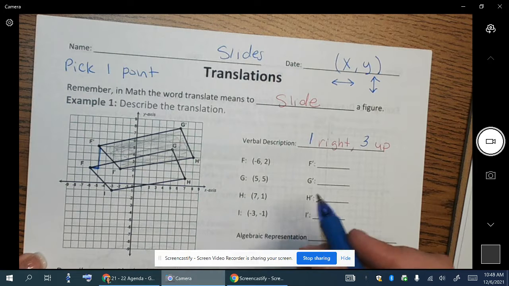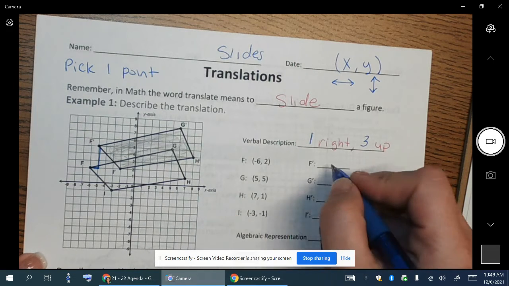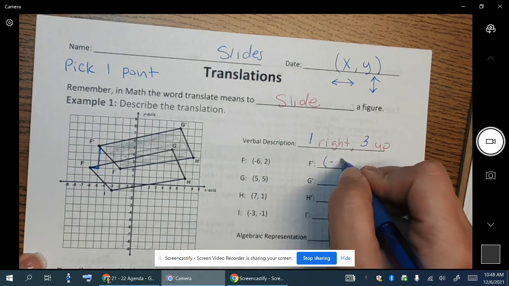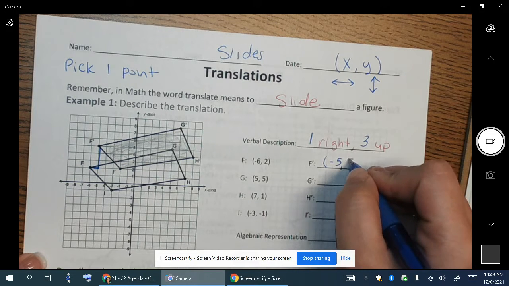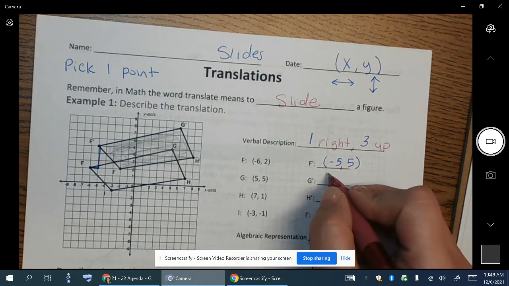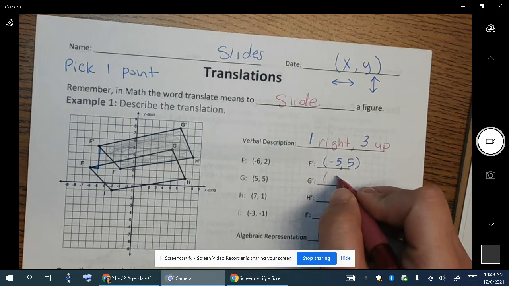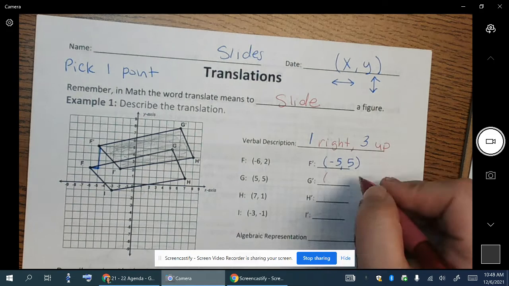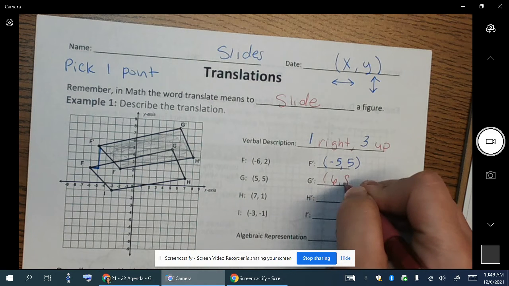Okay, so what is my new F prime? -5, +5. Good. -5, +5. Okay. What is G prime? +6, +8. I got the wrong one. +6, +8.